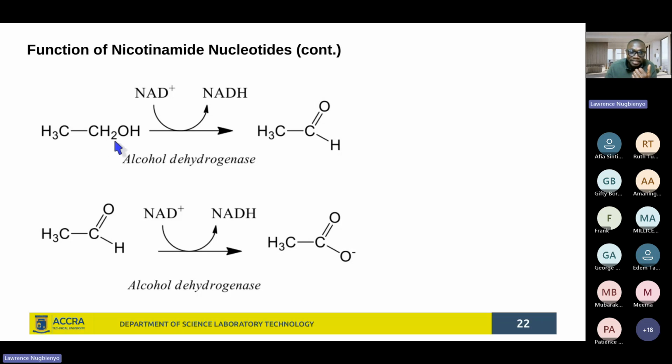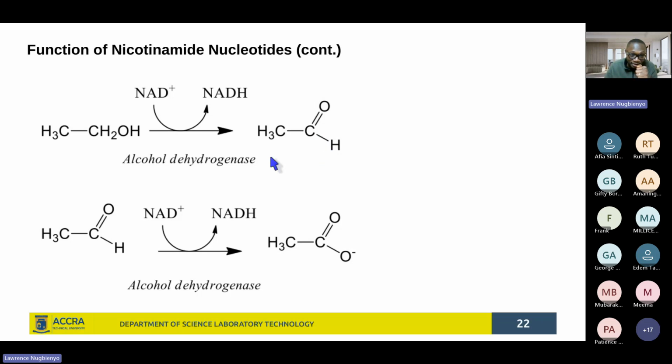So how come that humans have alcoholic beverages, which are ethanol based? It's because of the alcohol dehydrogenase acting on ethanol to convert it to acetaldehyde, which is a common reaction in carbohydrate metabolism.